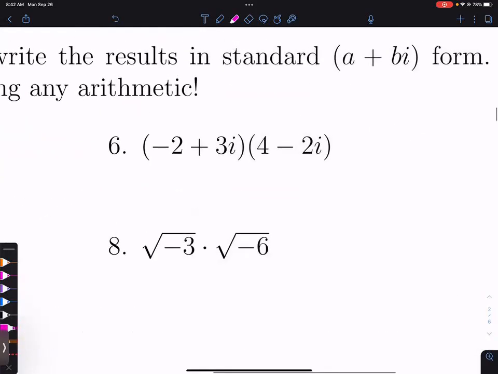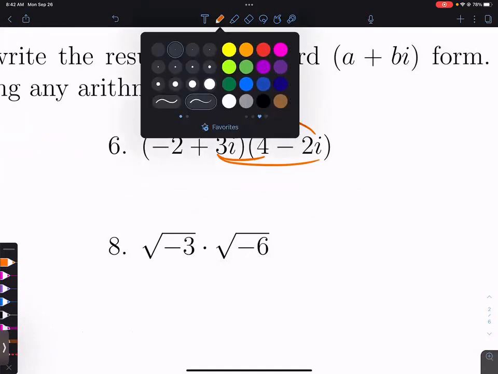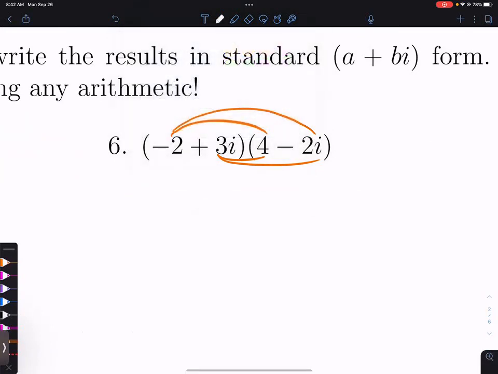Multiplication would basically be the same idea. So here I would need to treat this like I'm FOILing. The only difference is that if we have things that we can simplify after we've done it, we go ahead and do that too. So if you multiply those out, what do you get?